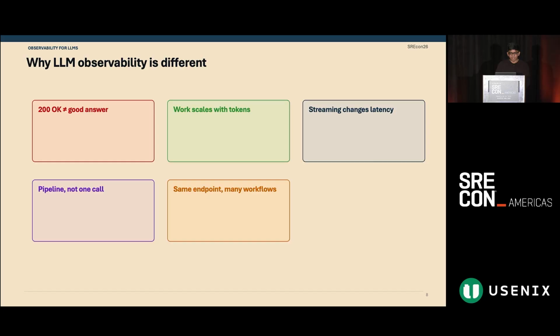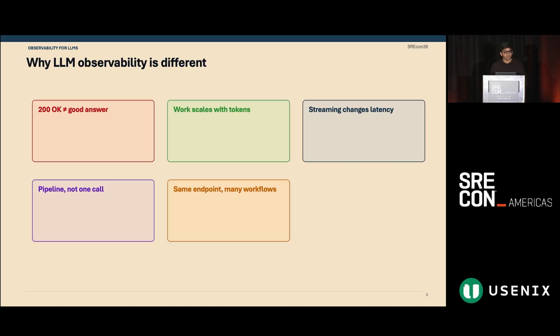Thirdly, streaming changes the latency. Since these applications are usually streaming oriented, instead of just looking at the end-to-end latency of the application, in these types of applications the time to first token matters more and has a higher impact on user experience.